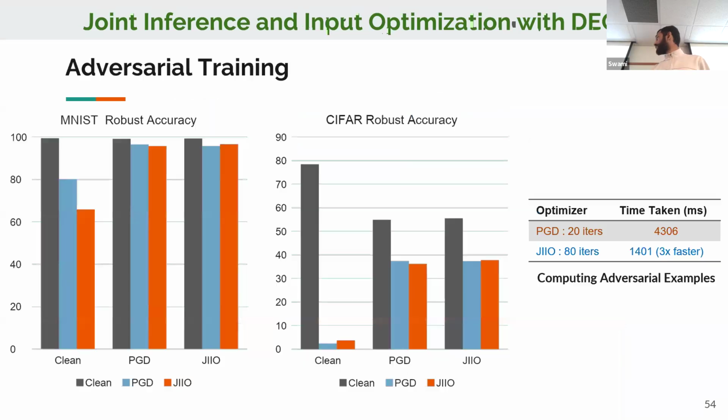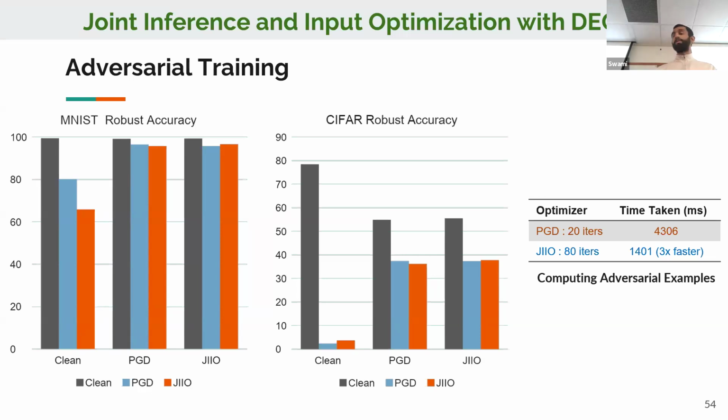Likewise, for adversarial training, where you use the procedure to compute the adversarial examples and then train the models on those adversarial examples, you again observe about 3x speedups if you use this joint inference procedure instead of simply using projected gradient descent, while getting similar robust and clean accuracies.